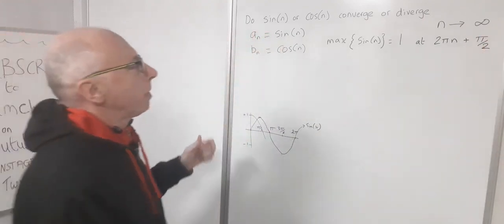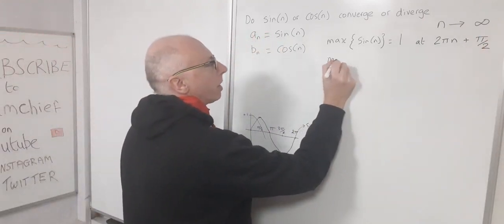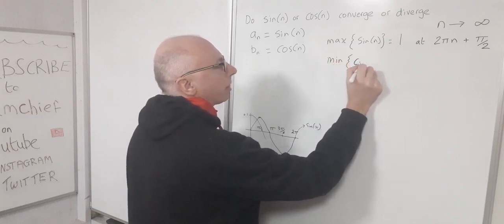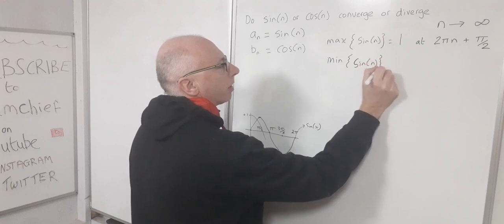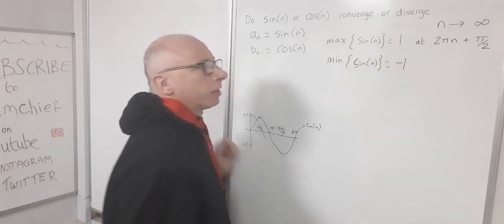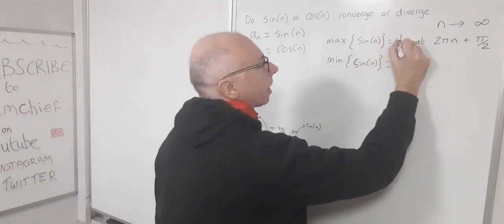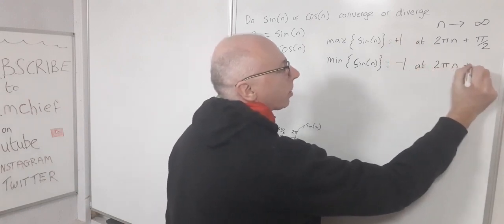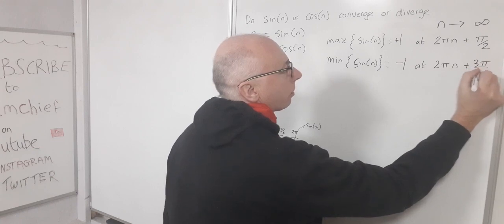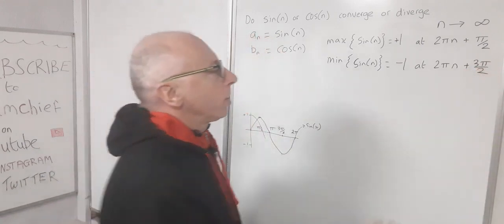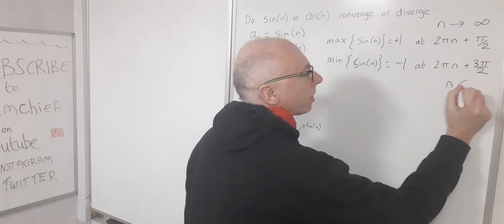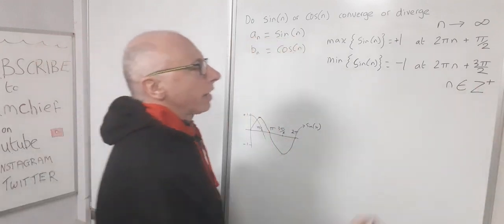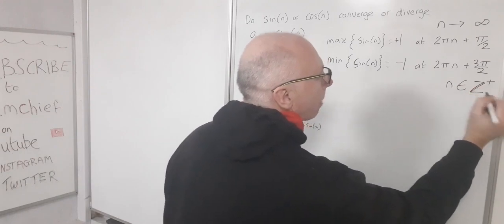And it reaches its minimum, so the minimum of sine of n equals minus 1. So this is positive 1 here, so let's not get these mixed up. That's at 2 pi n plus 3 pi over 2, where n is an integer, and it's a positive integer. Okay, so that's our minimums and our maximums.